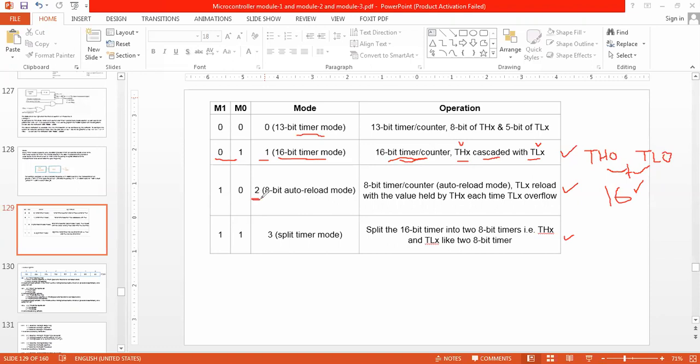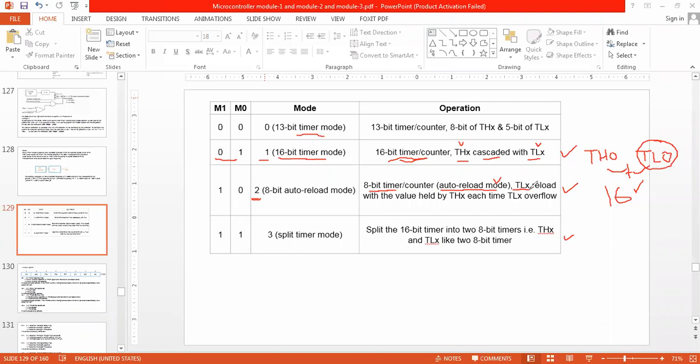Then mode 2. In mode 2 operation, it is an 8-bit timer. It is only an 8-bit timer, but it is an auto reload mode, a mode of auto reloading the value. What will happen in the auto reload mode?